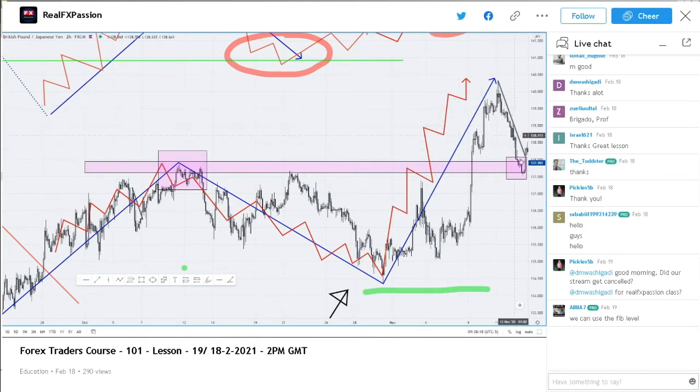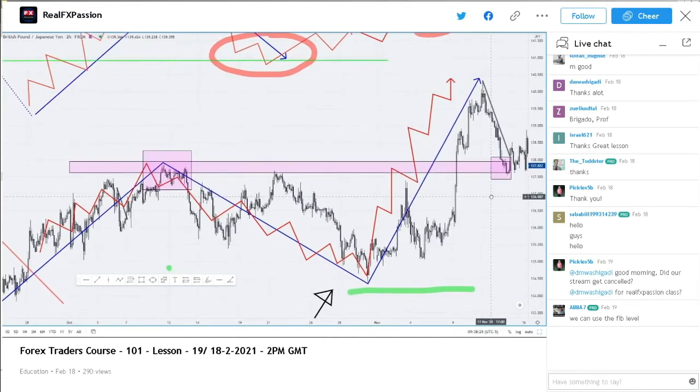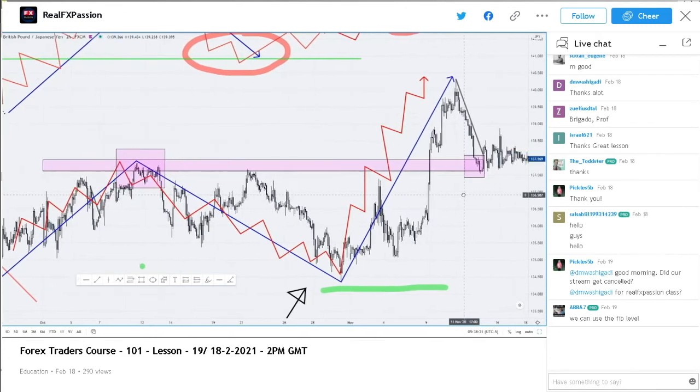Now, this is my entry. I'm going to enter with the stop loss below the previous extension because I'm trading the blue. Let's see how this is going to work. I don't see the future.